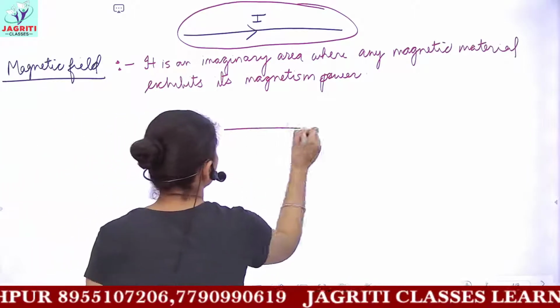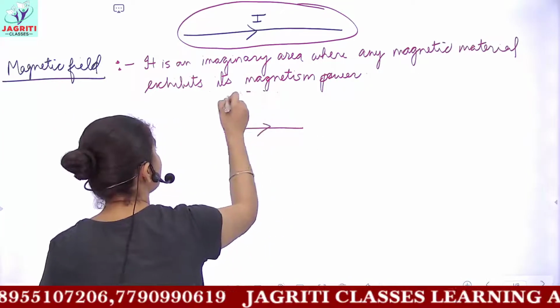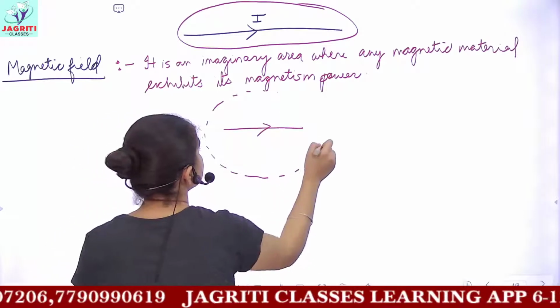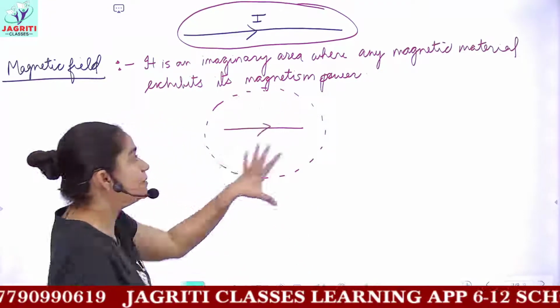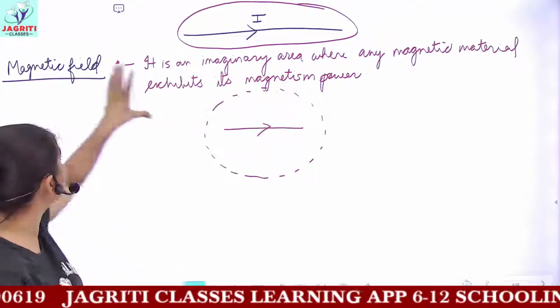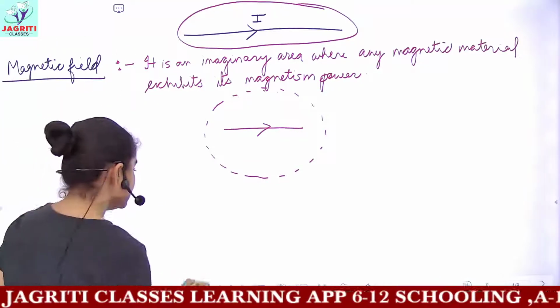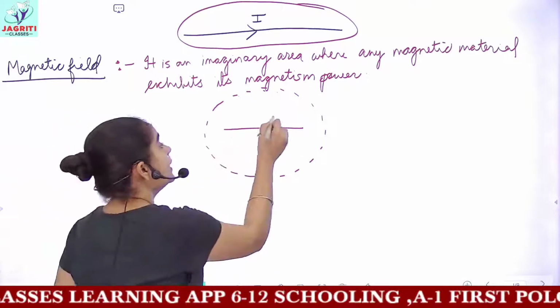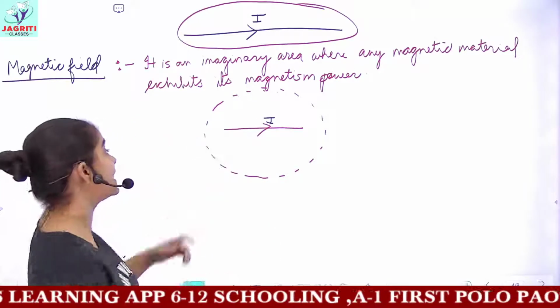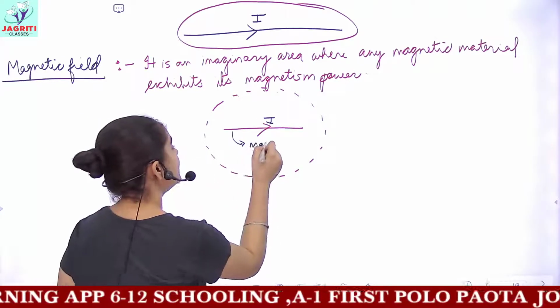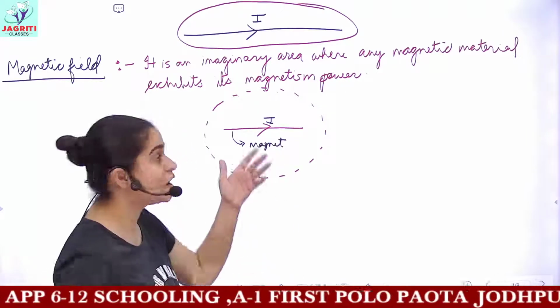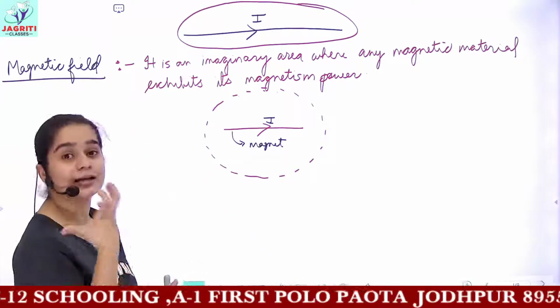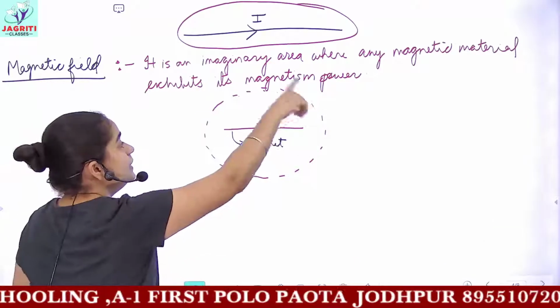So this was our conductor. It would have an imaginary area around itself, and this imaginary circular area is known as magnetic field. When a current I is flowing through the conductor, it starts to behave like a magnet. It means it would now attract any iron or iron-like objects present around it.